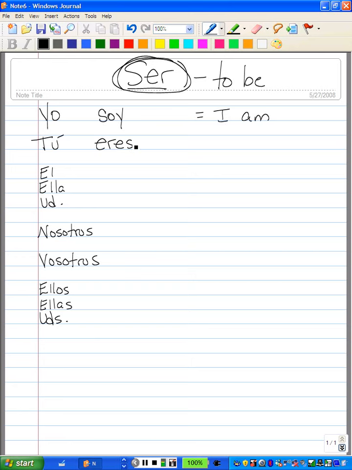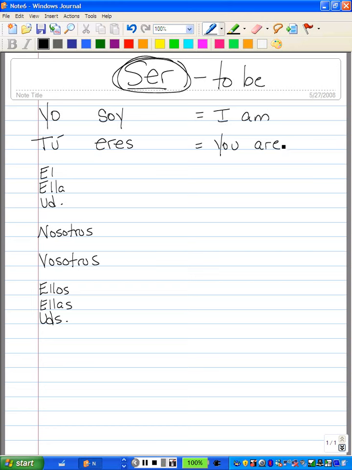Alright, the tú is this. Tú eres is you are. And in lesson 1 you looked at a phrase that said de donde eres, where are you from, or from where are you? So you've seen the word eres before.